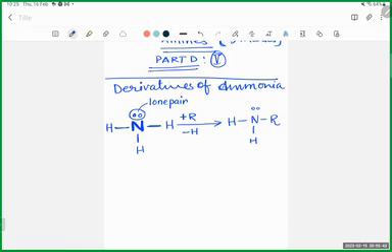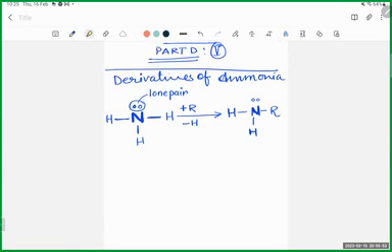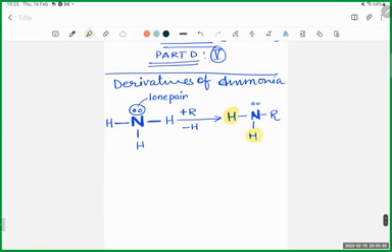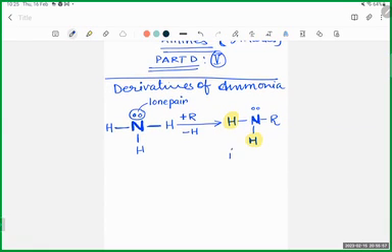This is amine, right? And as the concept says, nitrogen contains two hydrogens, so since it is containing two hydrogen atoms, we call it a 1-degree amine, right?